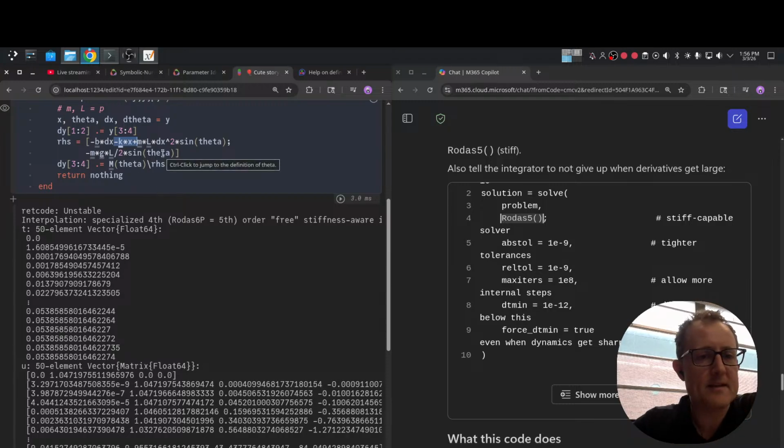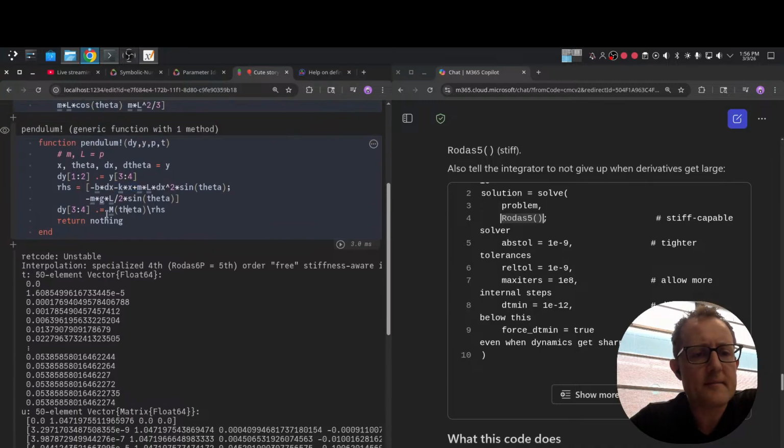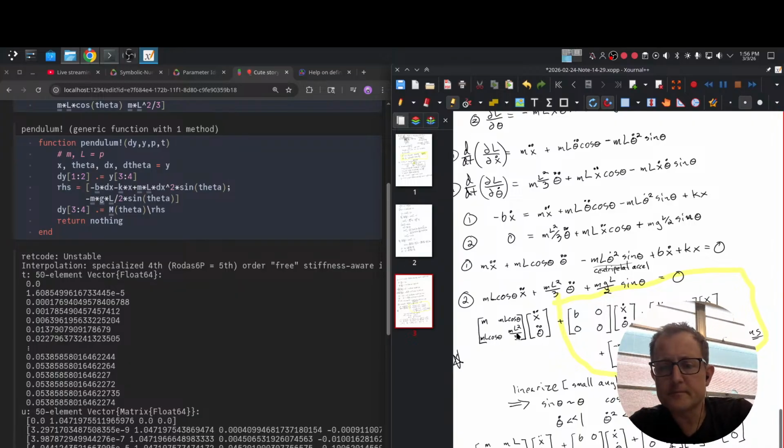Negative b dx, negative k times x, dx squared sine theta. Question is this thing sometimes, does the determinant equal 0 sometimes?